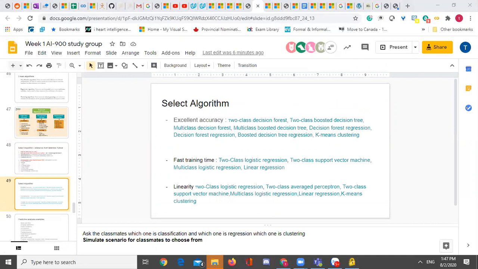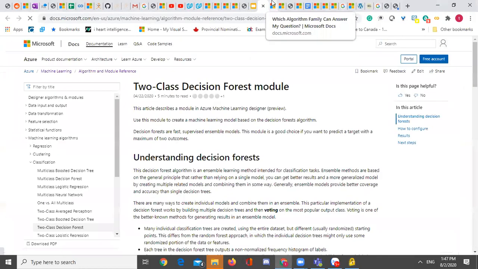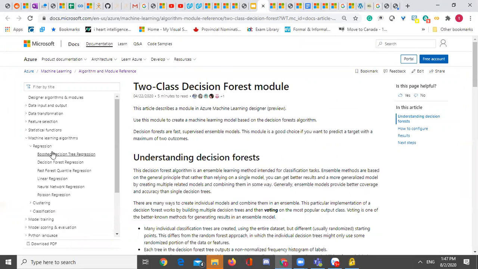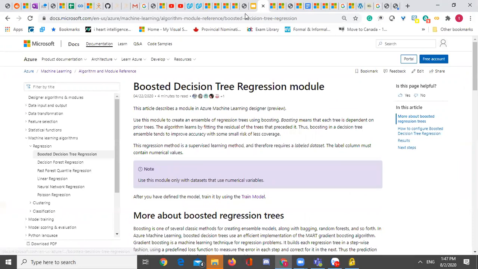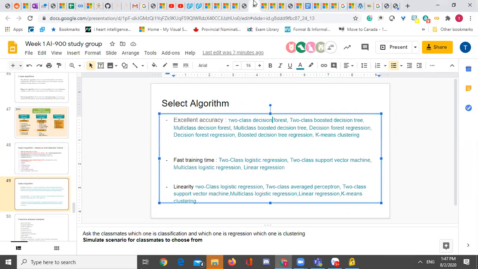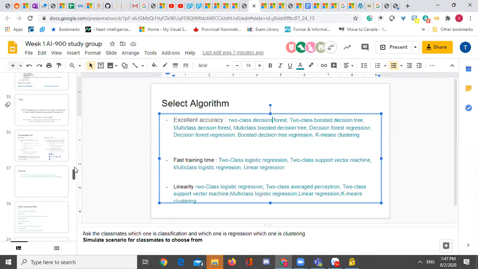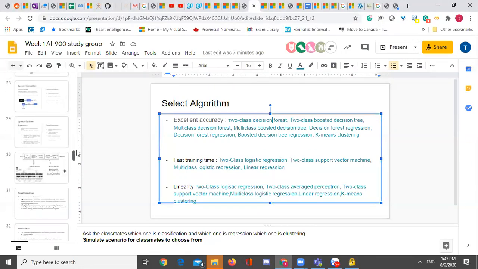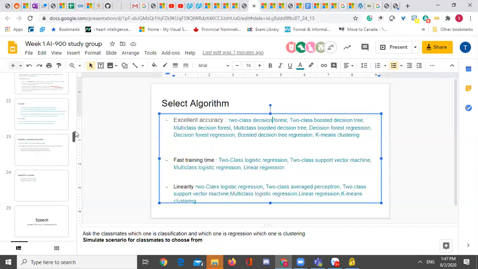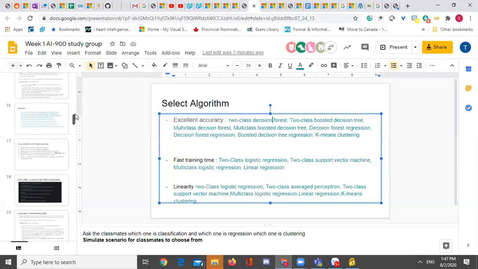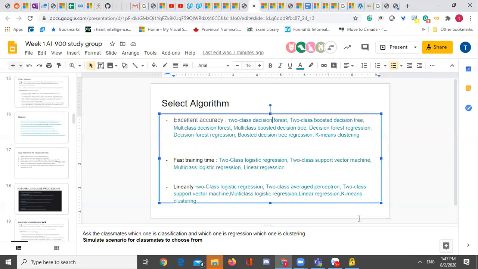An additional way to select an algorithm is based on accuracy, speed, and linearity. Microsoft has a very good document on this, and hang on, I'll show you. Sorry, I have a phone call. Please give me a minute.